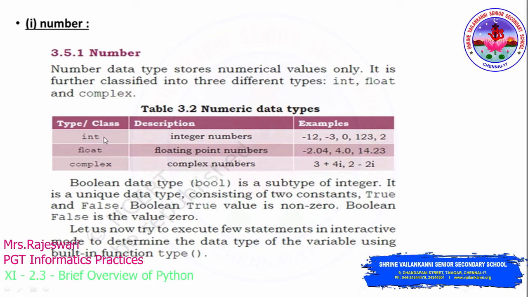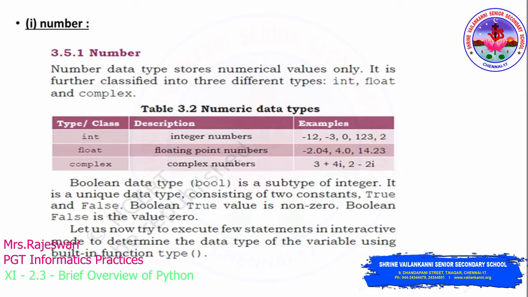As I told you, integer numbers help you store only the whole numbers, the numbers without the fractional part. It can be a positive number or even a negative number. And floating point numbers are those with a fractional part, such as 4.0, 2.04, or 5.5. Any number which comes with decimal values represents a floating point number.